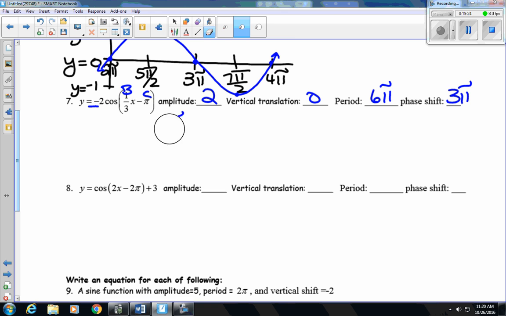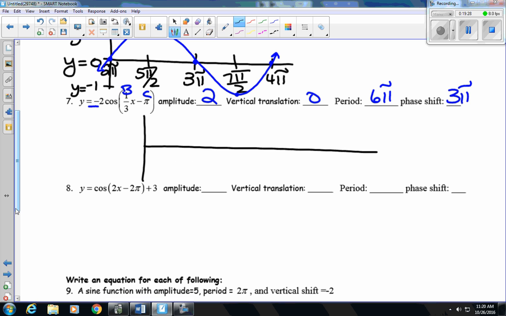So now I have everything I need to graph. What is the midline? Equals 0. What is the max? Equals 2. I have an amplitude to apply. And then my min is y equals -2.